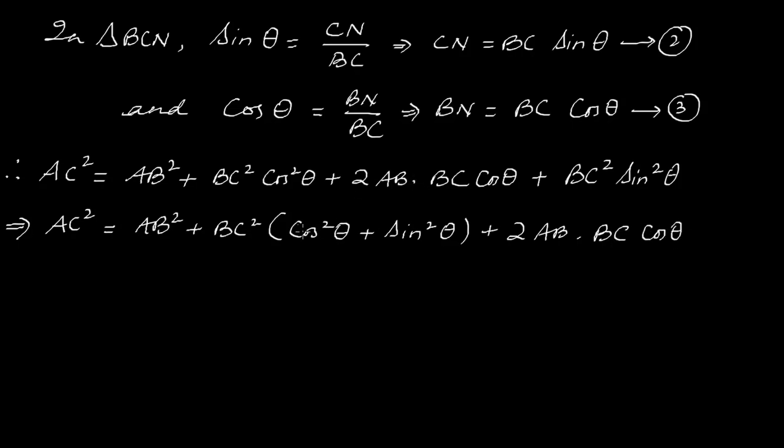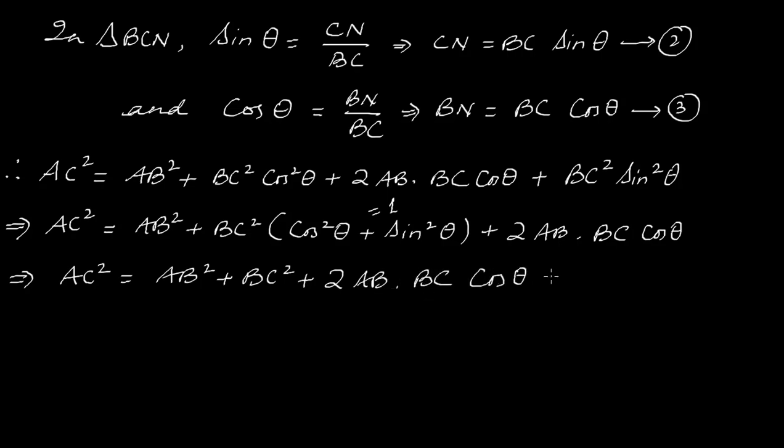And you know very well cos square theta plus sine square theta is equal to 1. So you have AC square is equal to AB square plus BC square plus 2AB BC cos theta. Let's call this equation 4.